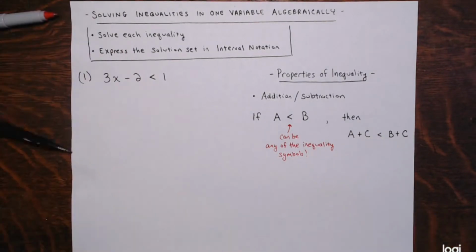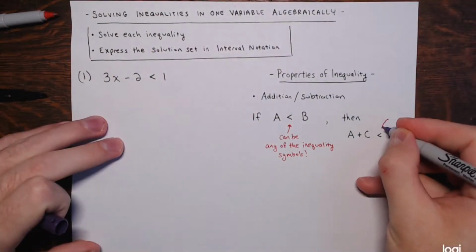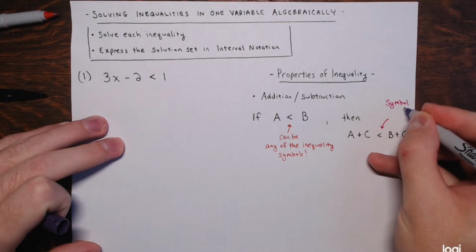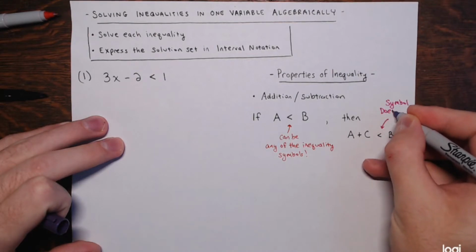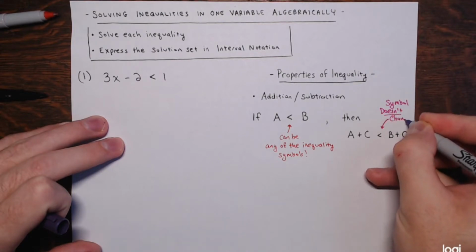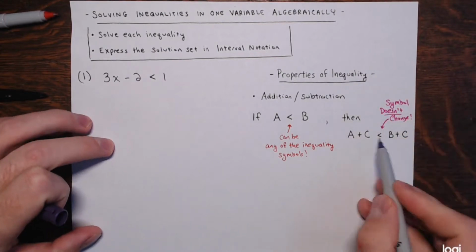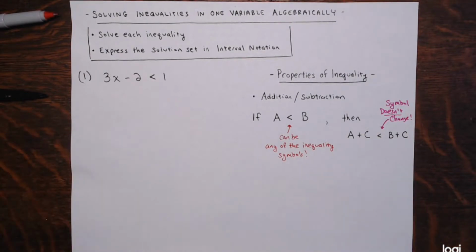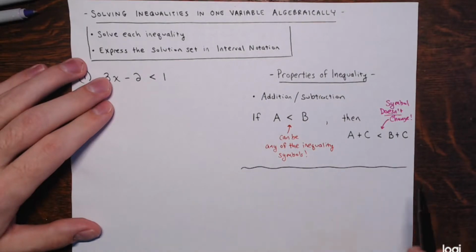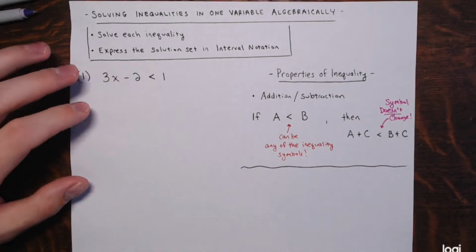Right? So I'll point that out as well. The symbol doesn't change when you add or subtract. It doesn't change when you add or subtract the same thing to both sides. Okay? So that's a simple one.